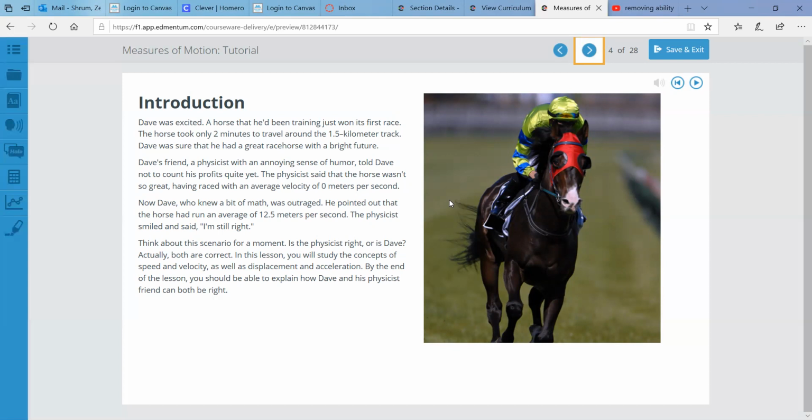So they are both correct. And in this lesson, we'll study the concepts of speed and velocity, as well as displacement and acceleration. Hopefully by the end of the lesson, you should be able to explain why they are both saying the correct thing.